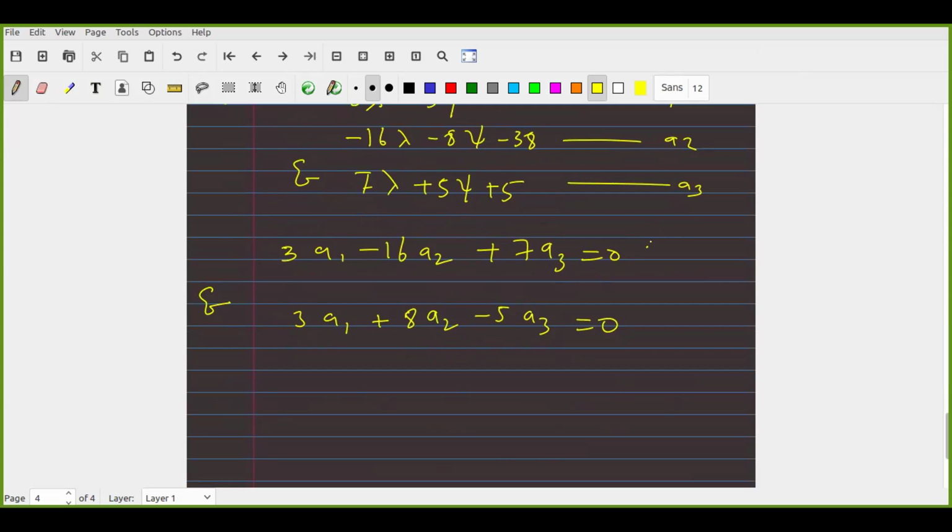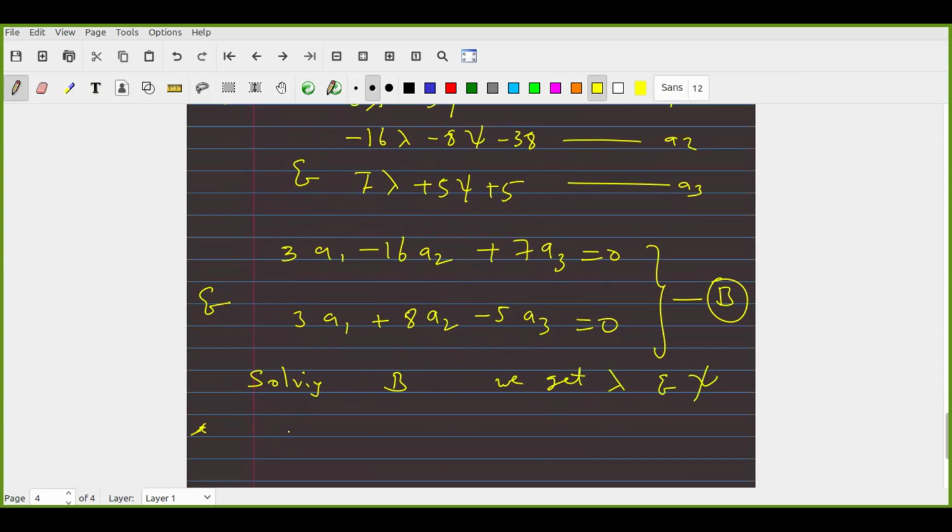So solving this system B simultaneously, these two equations involve lambda and psi.